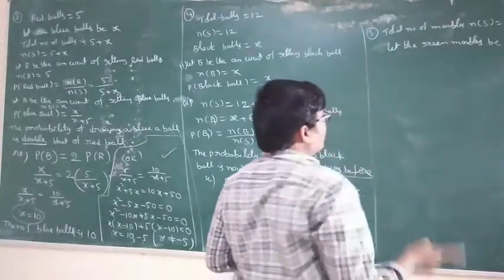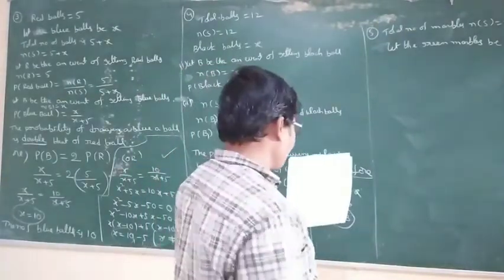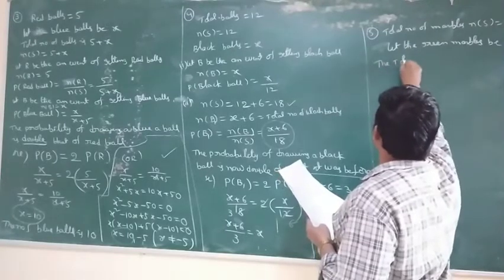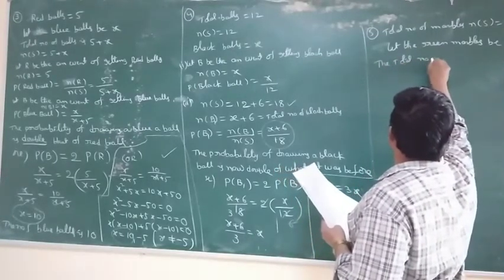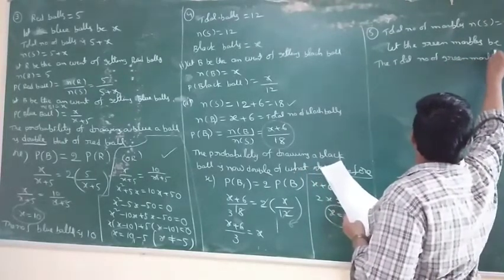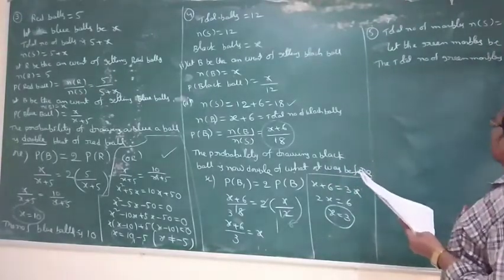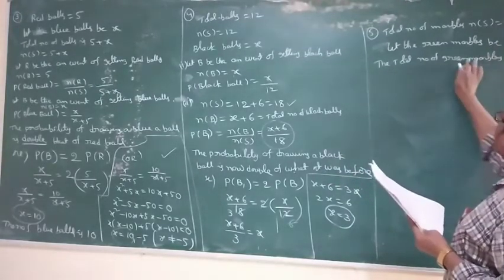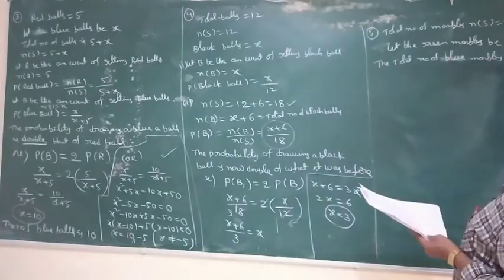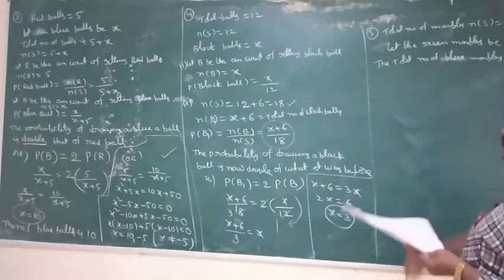Totally 24, in 24, x are green marbles. So what is the number of blue marbles? Out of 24 total, x is green. So blue means 24 total minus green is equal to blue.